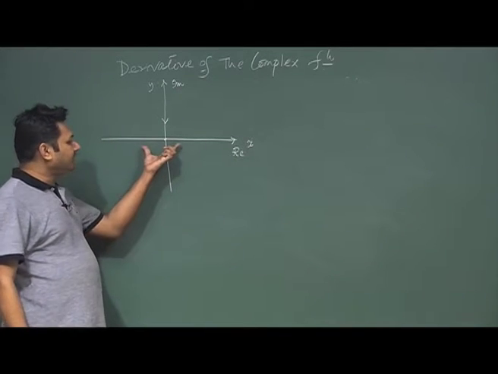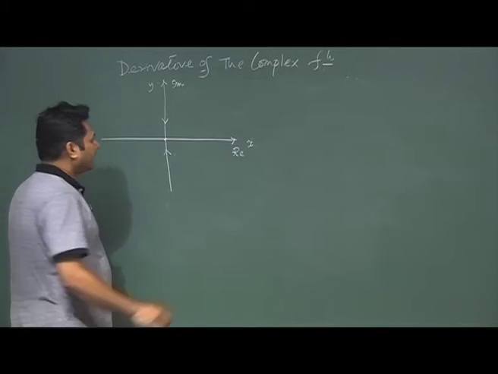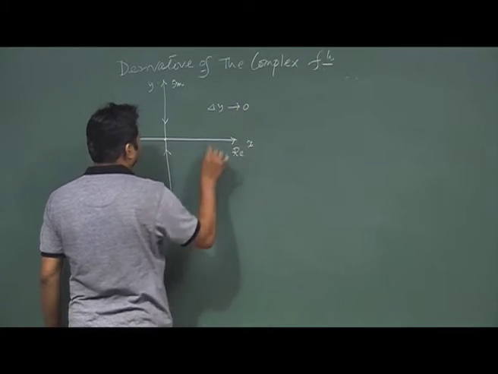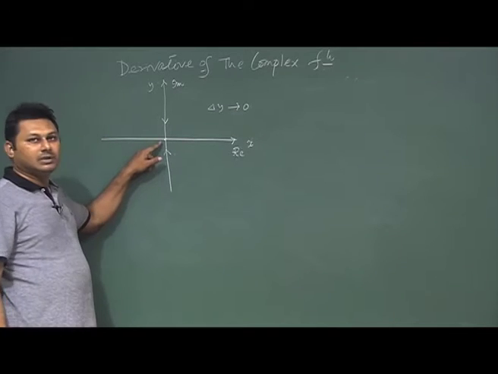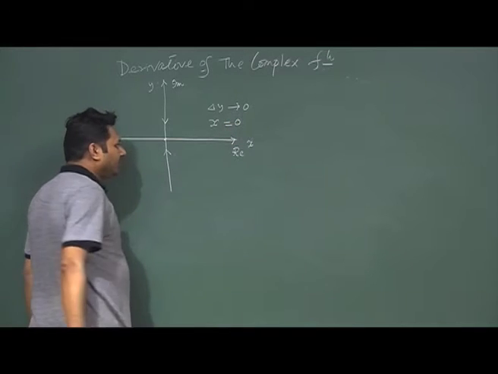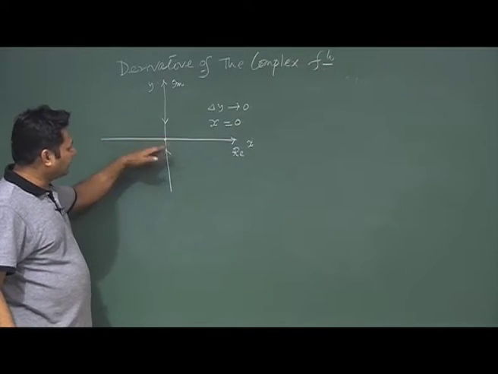One approach might be that I go from this to this, that means delta y tends to 0 and x is equal to 0. That means I put x equal to 0, so I am not changing this point.